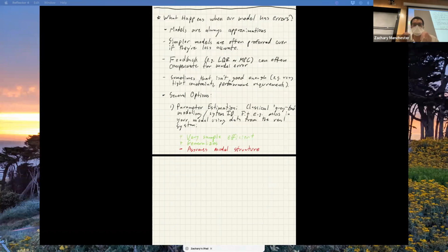Okay, so building on that, another idea is to do what's called black box system ID or modeling. This would be learning a model from scratch using a generic function approximator for f of x, u, say.